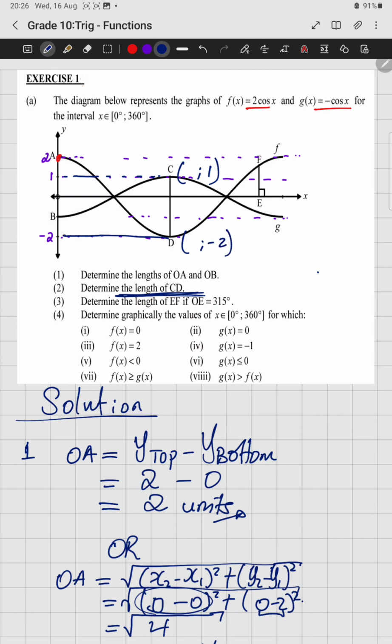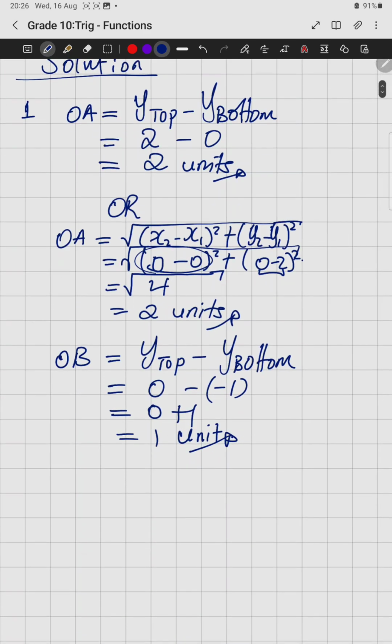The value is -2. So C is the top value, and D is the bottom one. For us to get the length between these 2 points, we're going to say Y top minus Y bottom. So in number 2, the length of CD must be Y top minus Y bottom.